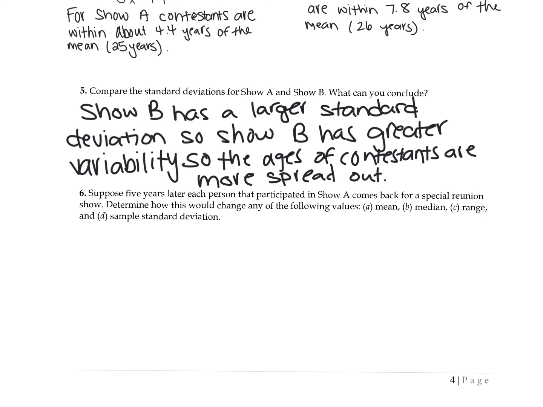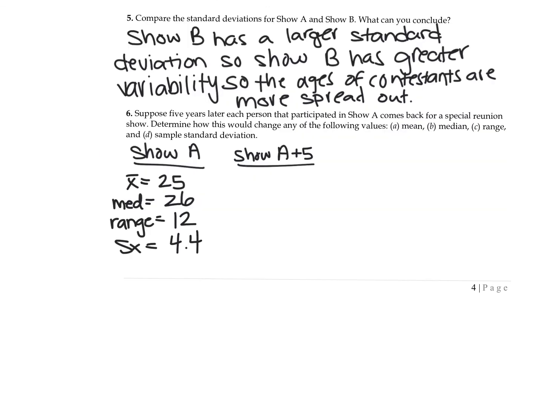So I'm going to start by writing down our original data, what show A was originally. So here's the data with just our original ages for show A. Now what I'm going to do is change all the data points in my calculator so that they are 5 greater than what they were before. So instead of my first data point being 20, it's going to be 25. Instead of my second data point being 19, it'll be 24.